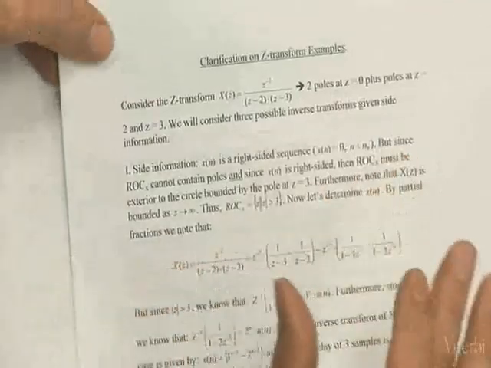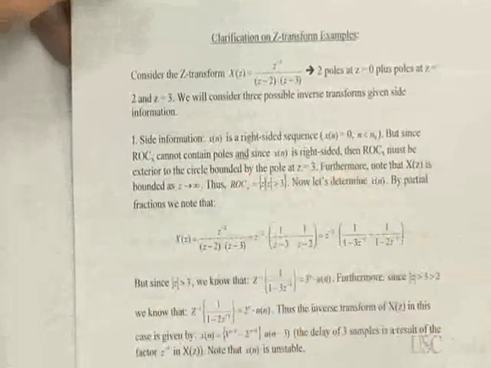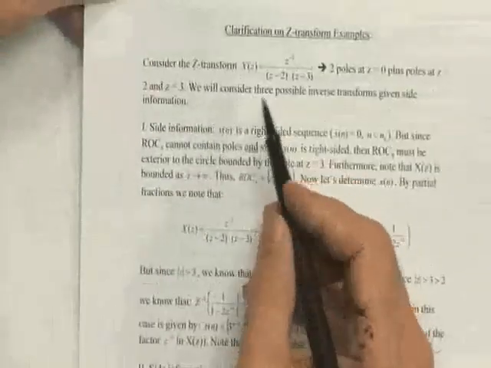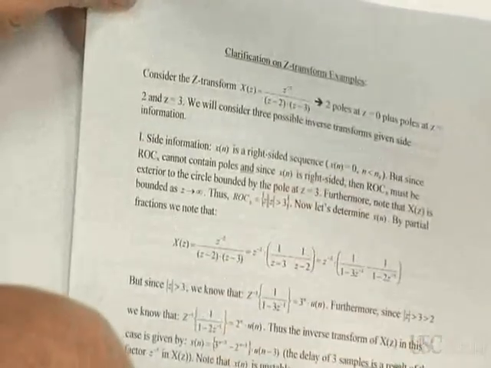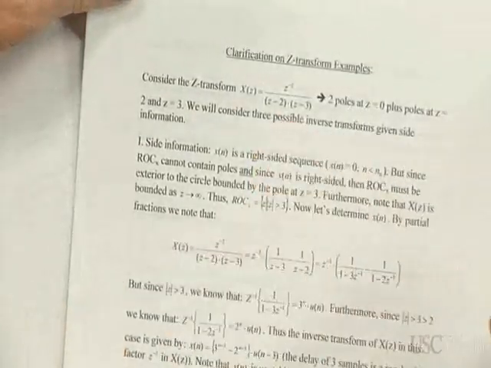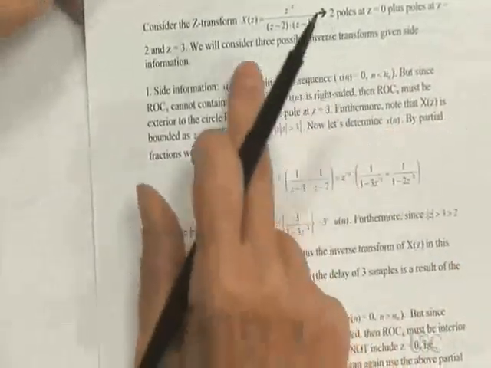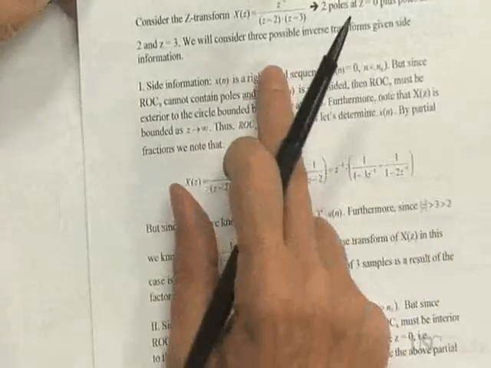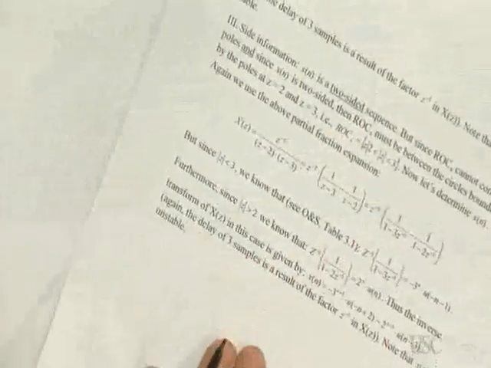If you read the clarification, it derives those inverse z transforms from this one z transform, X of z equals z to the minus 2 divided by (z minus 2) times (z minus 3), under all those conditions: x of n is right-sided, left-sided, or double-sided. So you should go through that. That fills in all of the blanks, dots the i's and crosses the t's.